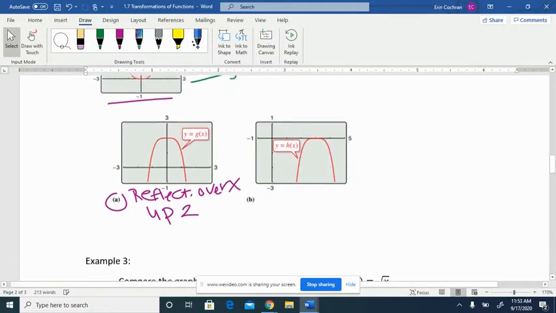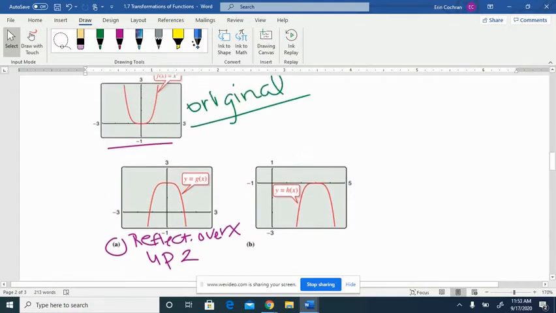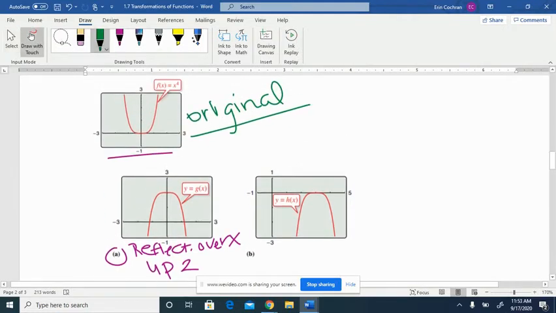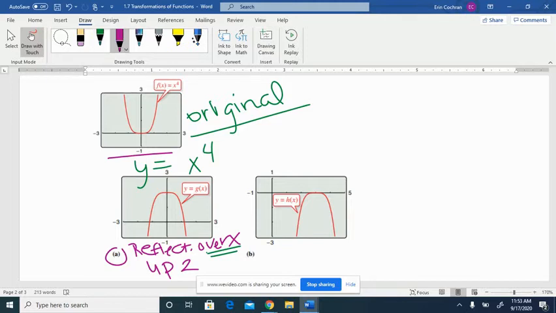If I want the reflection over the x-axis, my original equation was y equals x to the 4th, so the beginning is going to become negative. And if we're up 2, it stays on the outside and it tells the truth, so we're going to add 2. So this is now the new equation for this function. Negative tells me it opens downwards, and the +2 tells me it went up 2 units.